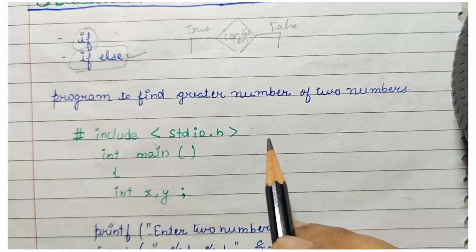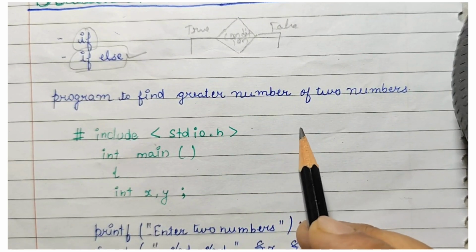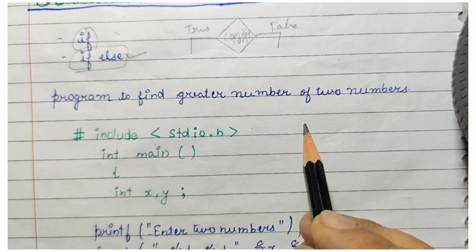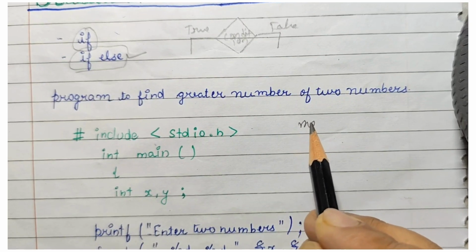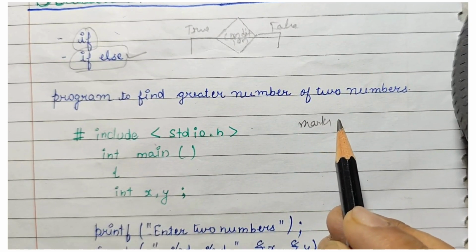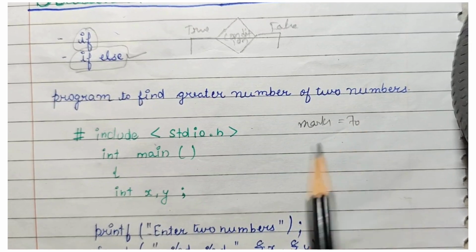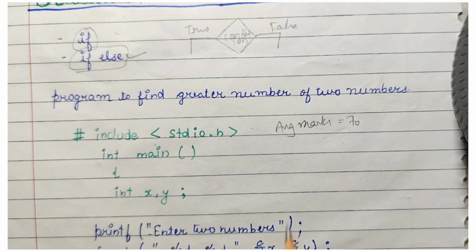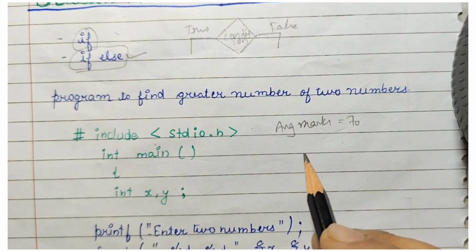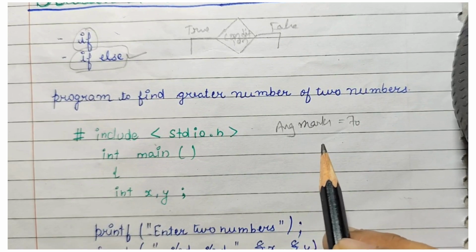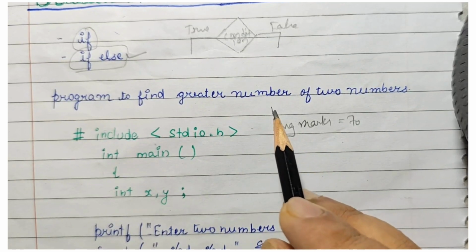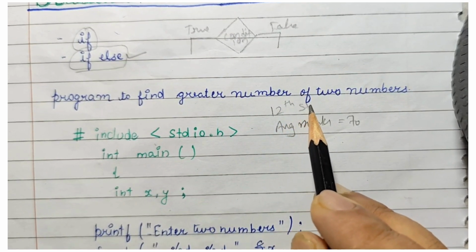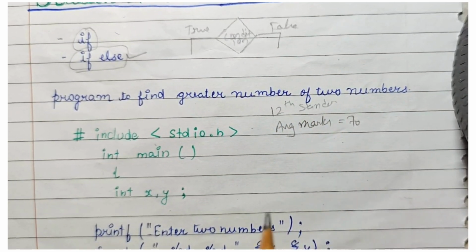suppose we take some decisions, like a student gets marks. Suppose we analyze the marks. Suppose the average marks of 5 subjects is 70, the 12th standard average marks of a student, that is 70%.